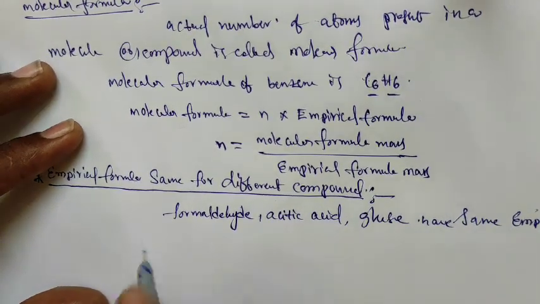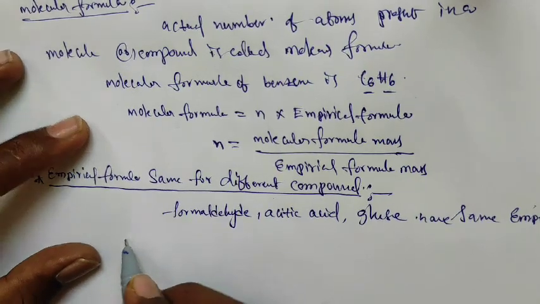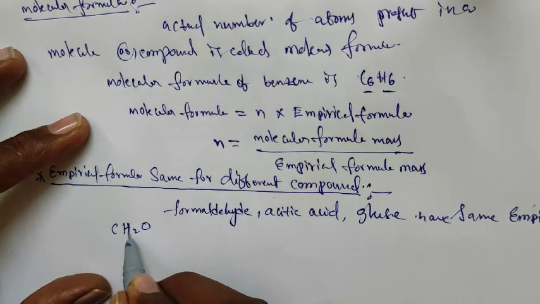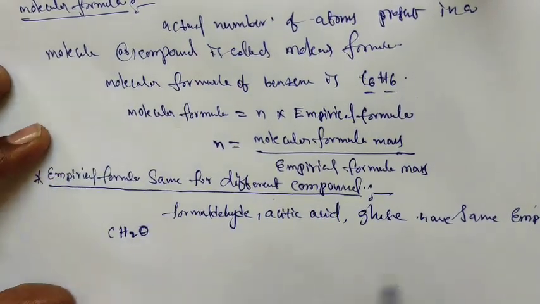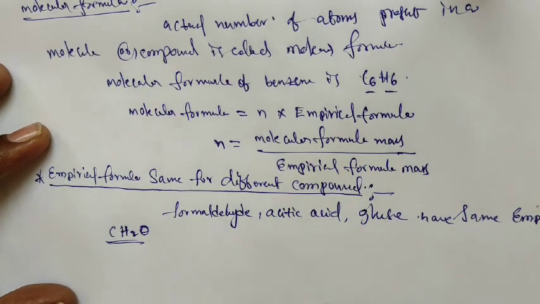The empirical formula is CH2O only, for all of these: acetic acid, formaldehyde, glucose.